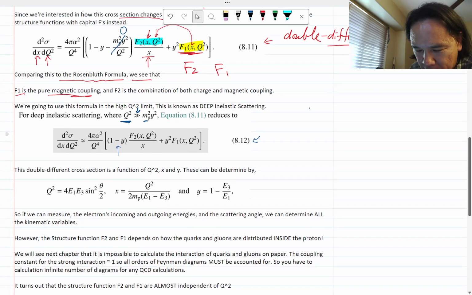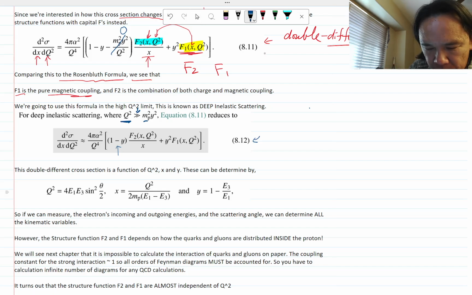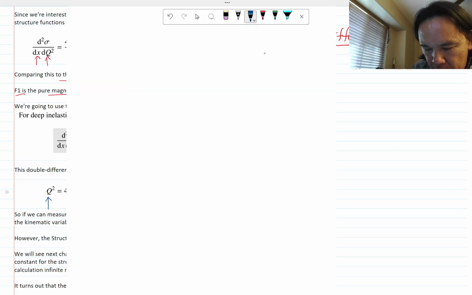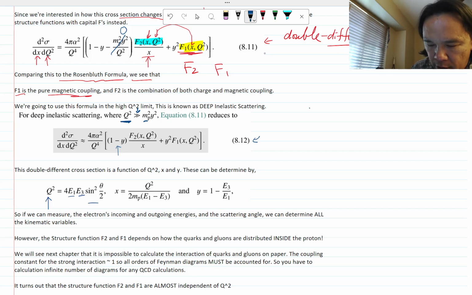Now this double differential cross-section is a function of q squared, and going back to the previous section, q squared is just 4 times energy 1 times energy 2 times the sine squared of the angle between the incoming and outgoing electron, divided by 2.